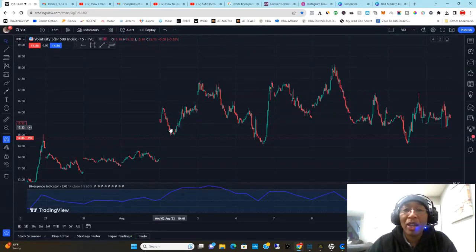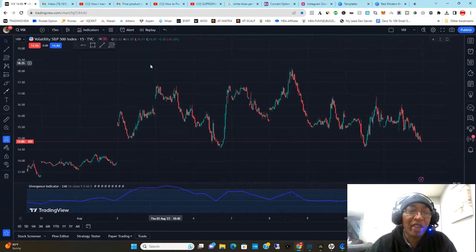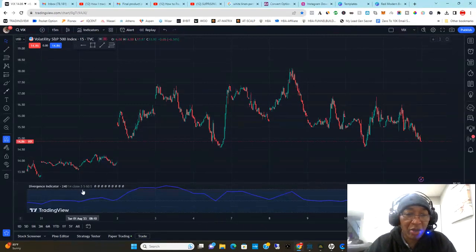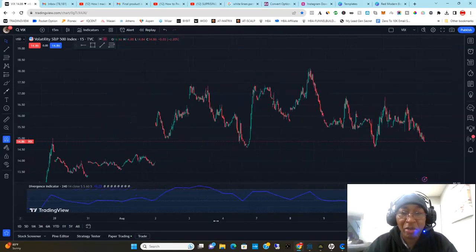Okay. So what I'm showing you here, guys, is just a zoomed out VIX chart on TradingView, and it's on the 15-minute time frame. So I zoomed this out, and all you have to do to zoom it out and zoom it in is push the control button on your desktop, and you can move that.